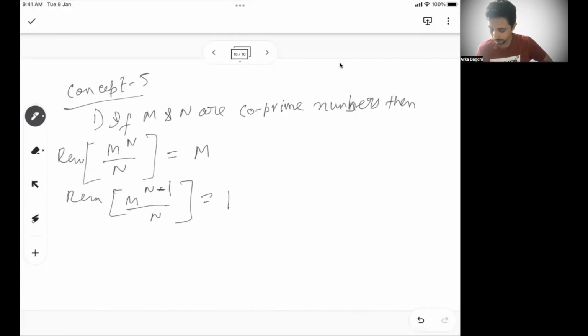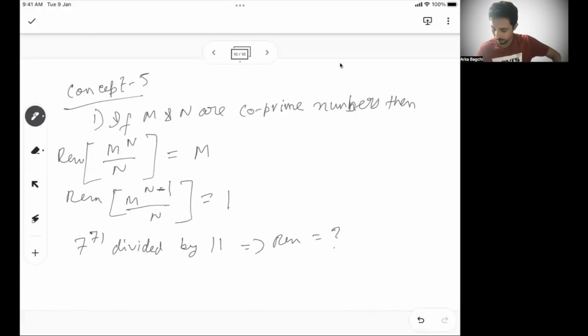So for example, let's say 7 to the power 71 divided by 7 to the power 71 divided by 11. So if I have this 7 to the power 71 divided by 11, what is the remainder?